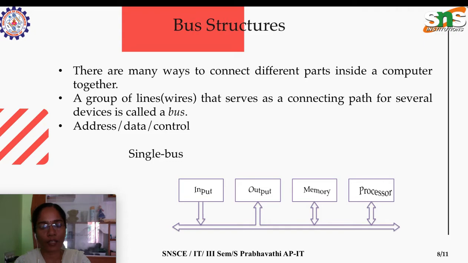All the 8 lines have to travel simultaneously. So the group of 8 lines will connect the data transfer between the memory and processor, or between any two functional units. So we have the address bus, data bus and control bus, is it not?